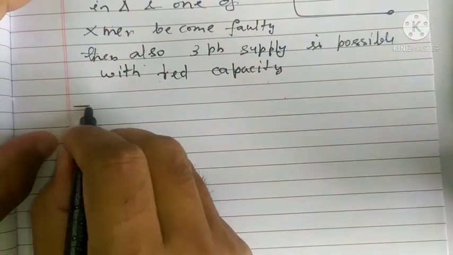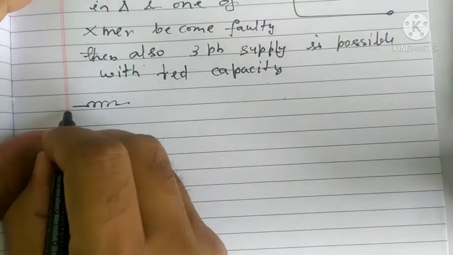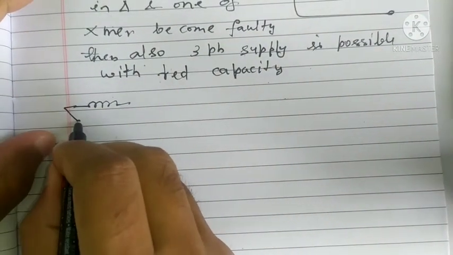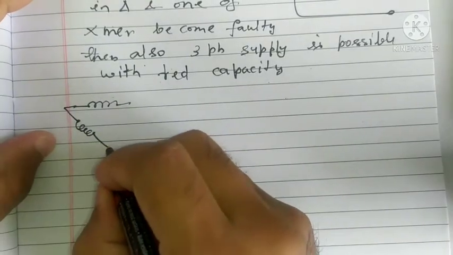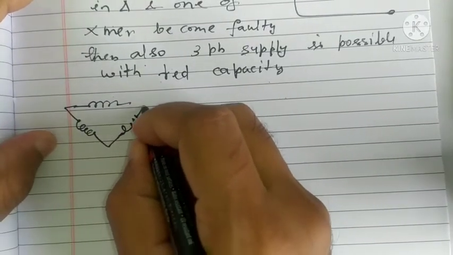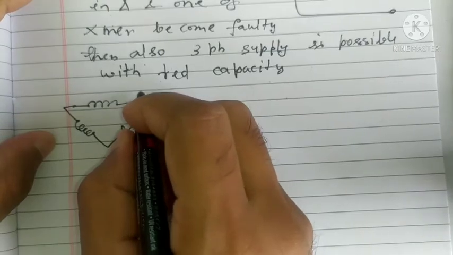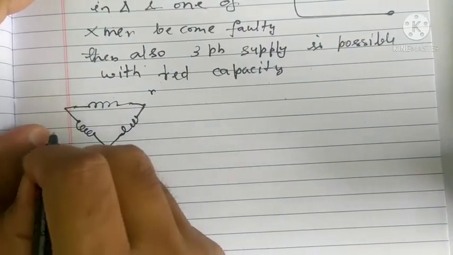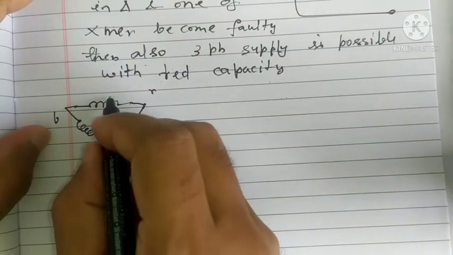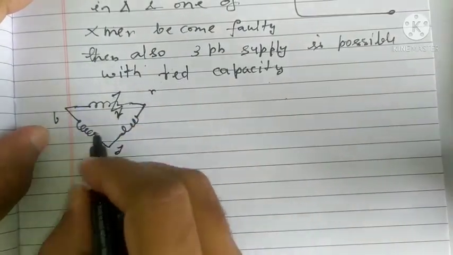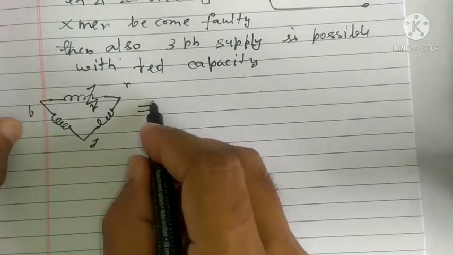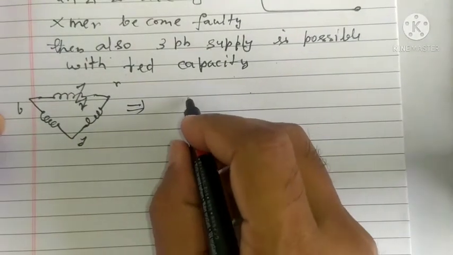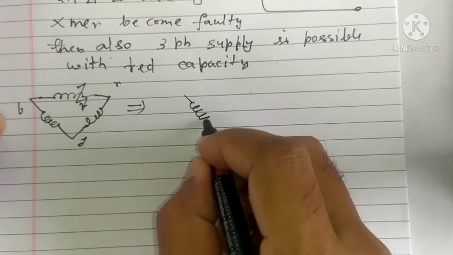Say I have this delta connected transformer, right? This is our YB, and a fault occurs in this winding. So this winding will be replaced by an open circuit, and the winding will be like this.